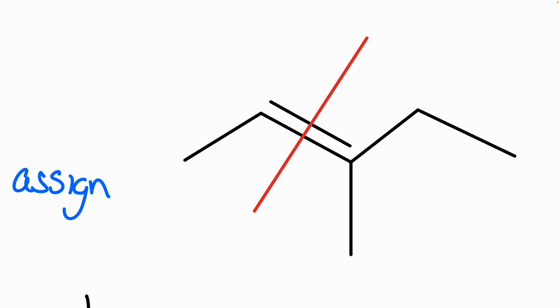This carbon here is bound to a carbon and a hydrogen. Which one has the higher atomic number, carbon or hydrogen? Carbon. So that makes this my high priority group and that implied hydrogen my low priority group.